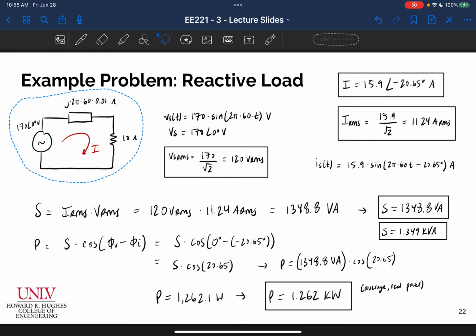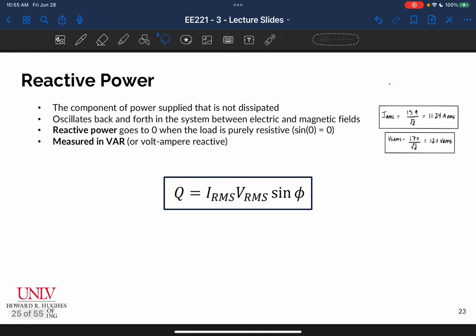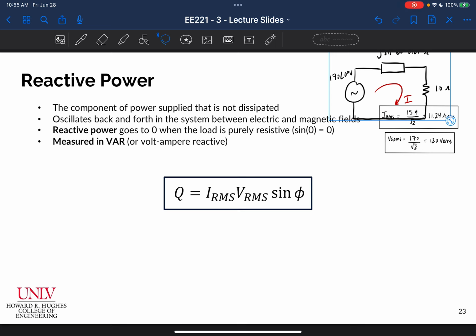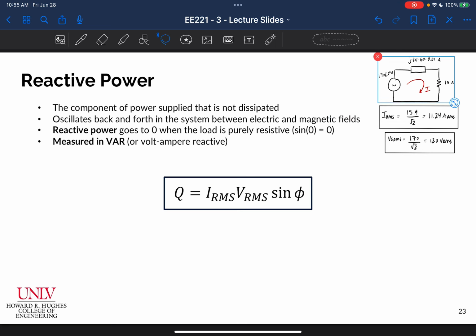Again, the reactive power is the amount of power that is basically being produced by the source, but it's not being supplied to the load. It's just oscillating back and forth in the circuit between the electric and magnetic fields that are created when we send energy into a capacitor or an inductor, which are the reason for our reactive power in the first place.